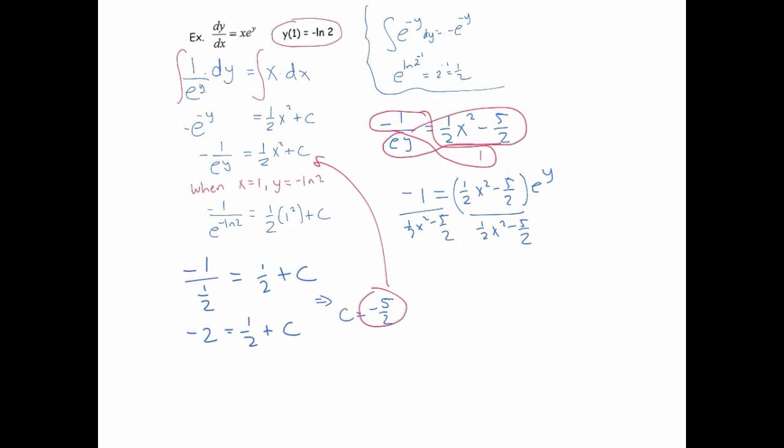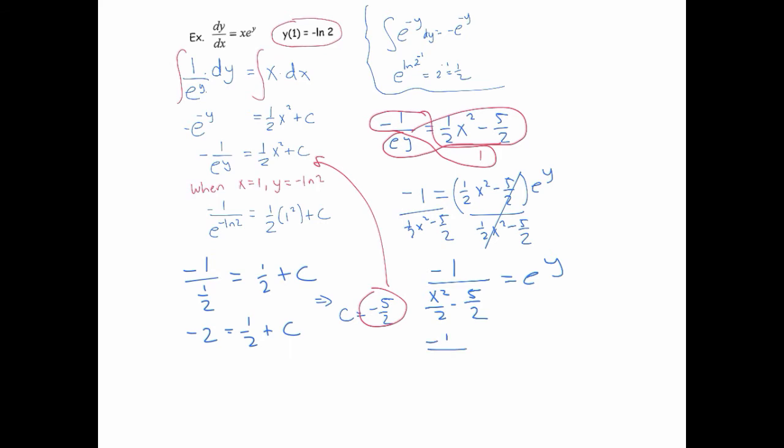Divide both sides by 1/2 x squared minus 5/2. So then you get negative 1 over 1/2 x squared minus 5/2, and that equals e to the y. I'm going to clean up this left side a little bit, because you can make it look a little better. This is x squared minus 5, all over 2.